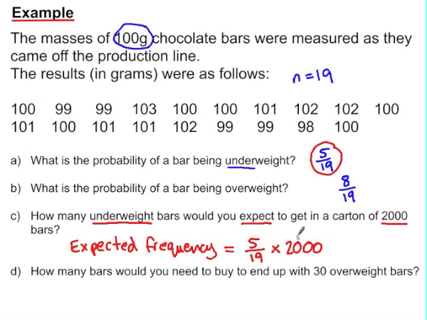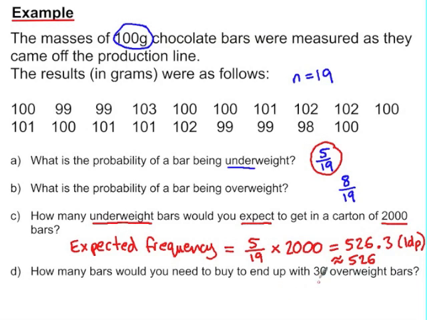When we type this into our calculator, we get a result of 526.3 to 1 decimal place. But of course, when we're dealing with chocolate bars, we need to round our answer to the nearest whole number. So it's approximately 526 chocolate bars.